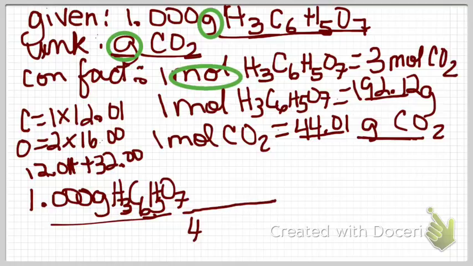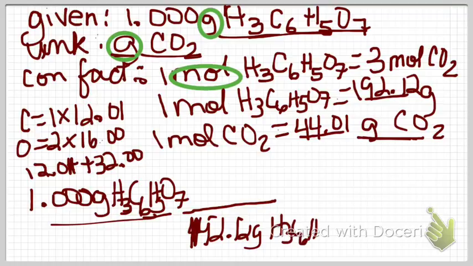So 192.12 grams of H3C6H5O7 in 1 mole. That's going to go on the bottom.